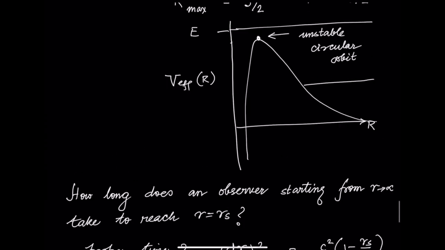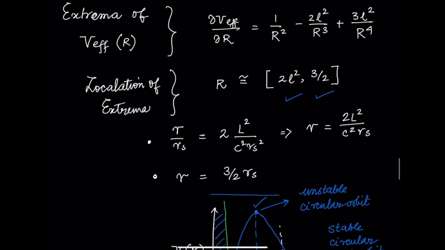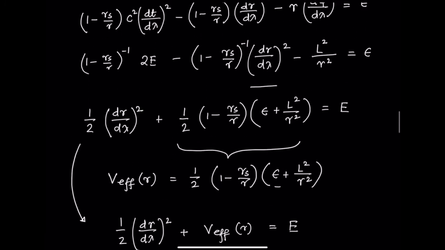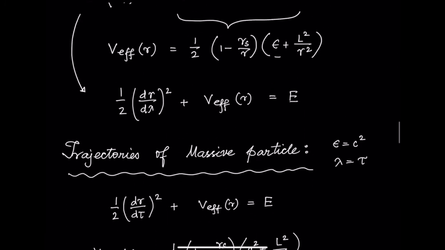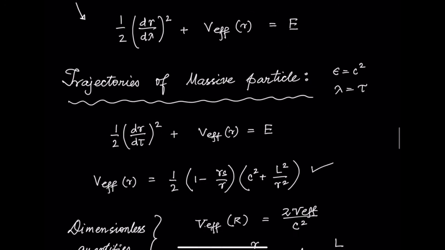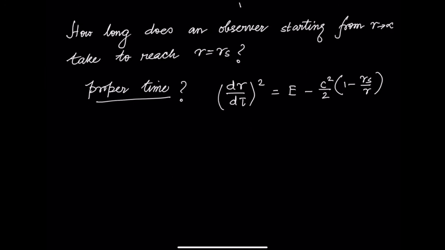Where do you get this equation from? Here, by setting L equals 0. Why am I setting L equals 0? Because I'm talking about a radial trajectory.